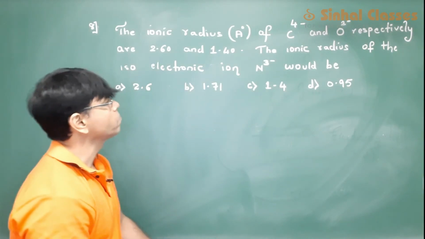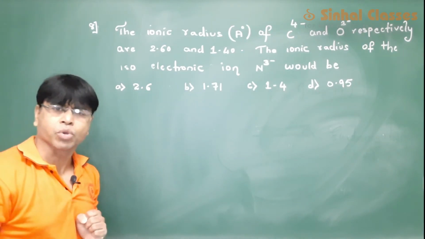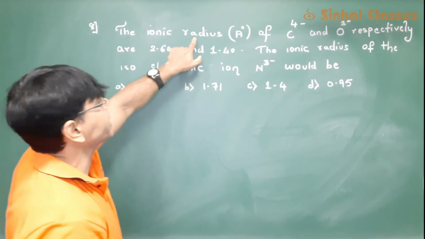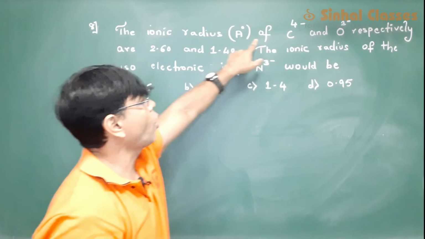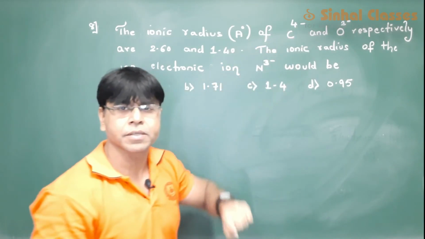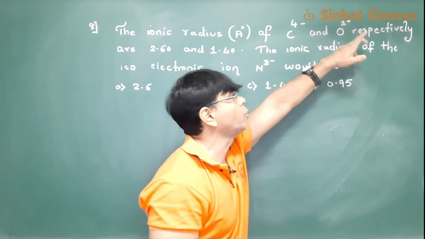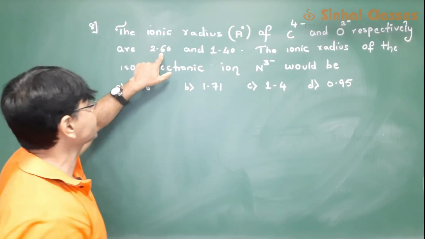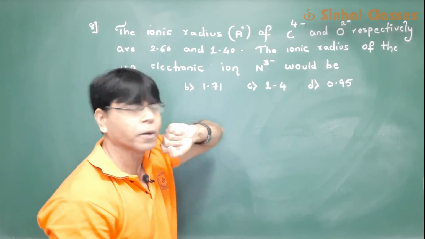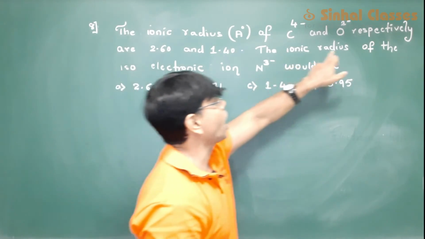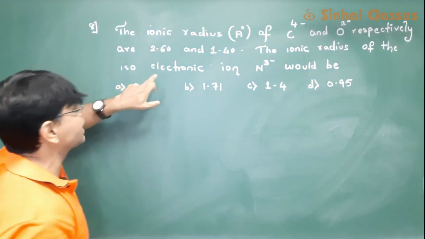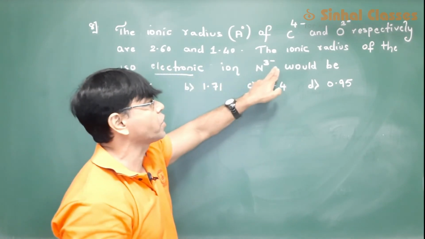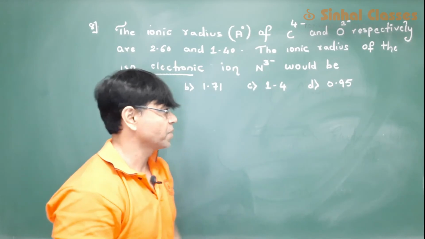Okay student, let's now tackle this question. The question is, the ionic radius of C4 minus and O2 minus respectively are 2.6 and 1.4. Then the ionic radius of isoelectronic ion N3 minus would be.